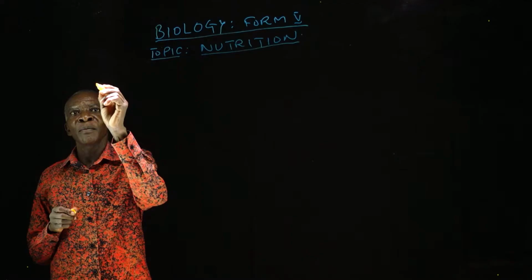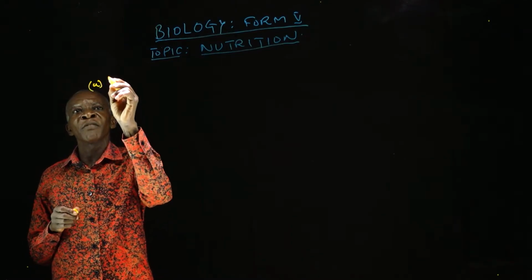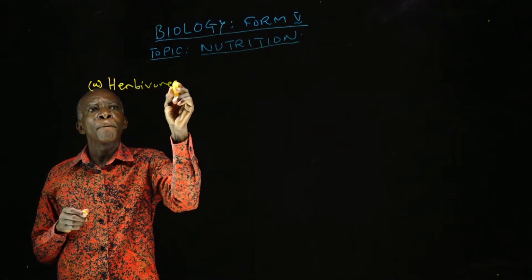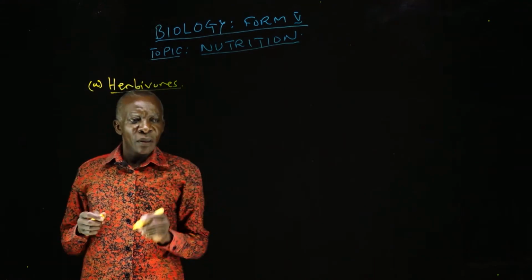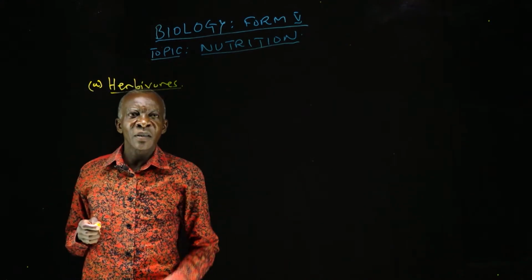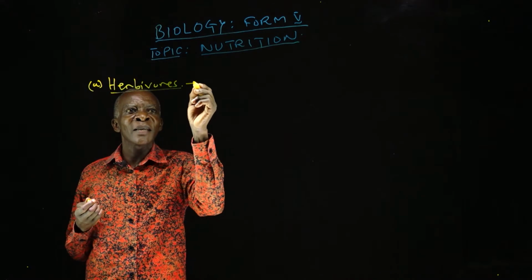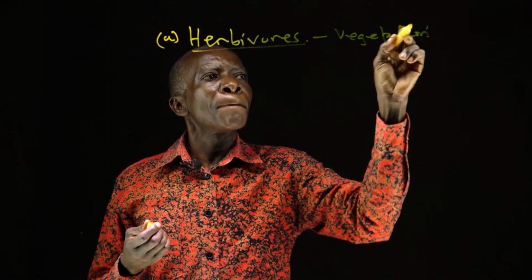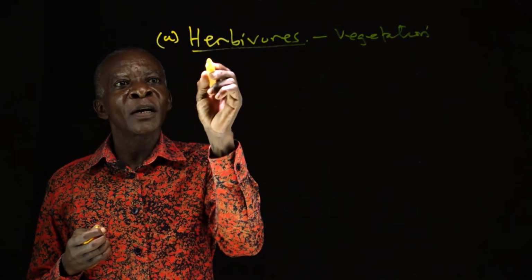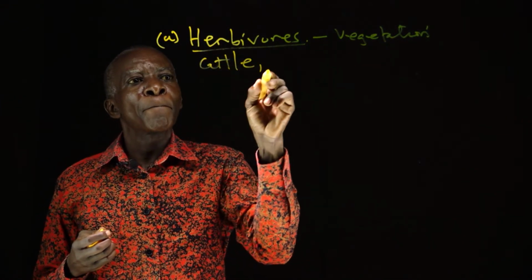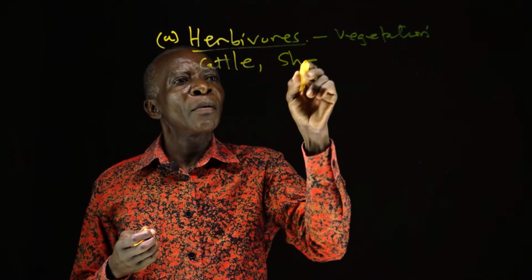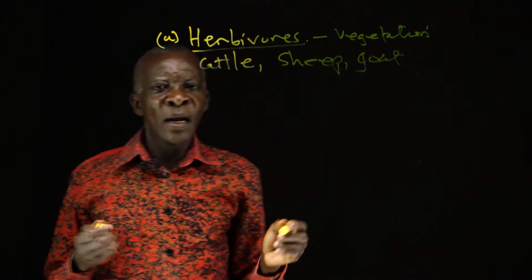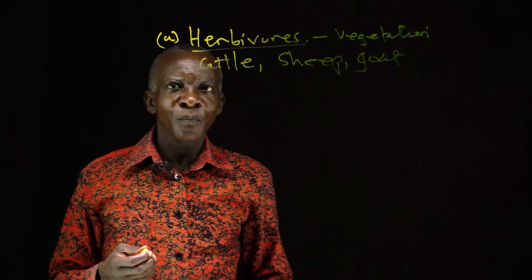So the holozoically feeding animals fall in three main categories. The first one, we have the herbivores. The herbivorous animals are grass eaters. They feed on vegetation, and they include cattle, sheep, goat, antelope, and others.